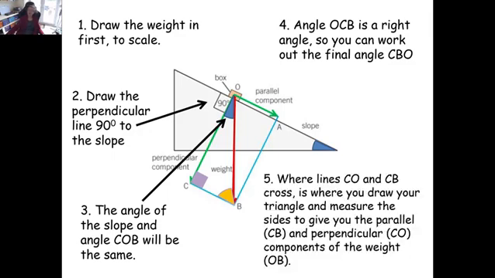So where the lines CO and CB cross, that gives you your perpendicular vector and your parallel vector, and together they will make up your weight.